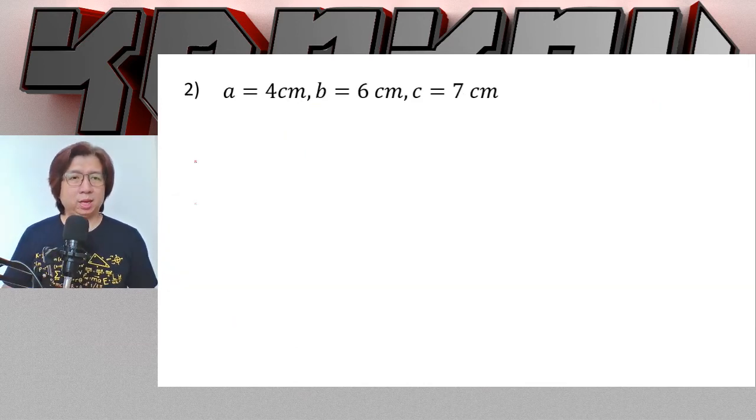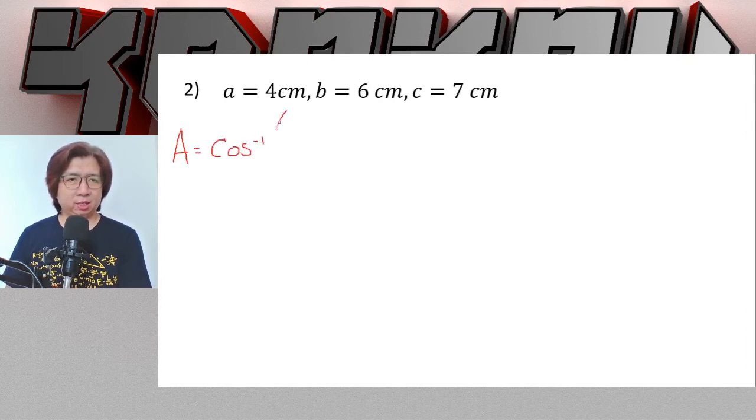Next, number 2. We have the 3 given sides a, b, and c: 4 centimeters, 6 centimeters, and 7 centimeters. Let us find first angle A. Shift cosine of the quantity, since we're looking for angle A, b squared plus c squared minus the opposite side, which is side a squared, over 2bc. Easy to remember, right?